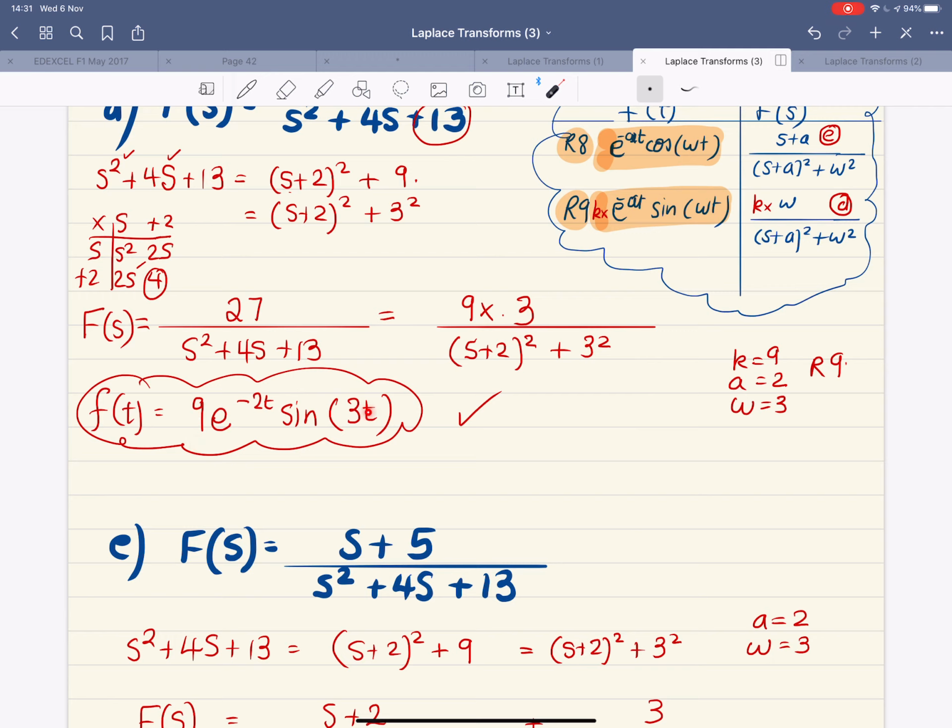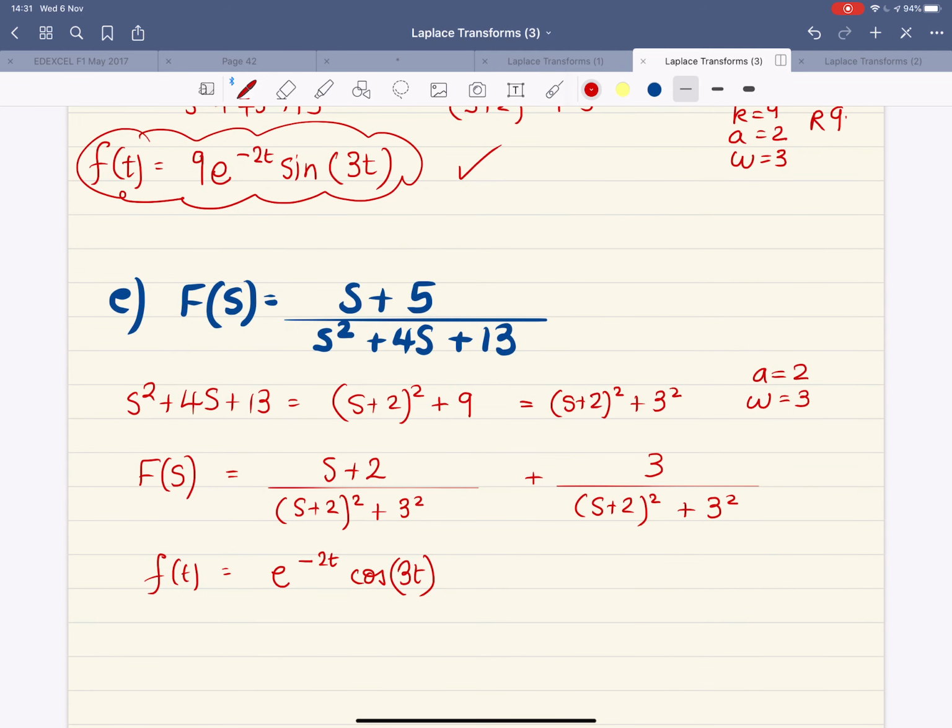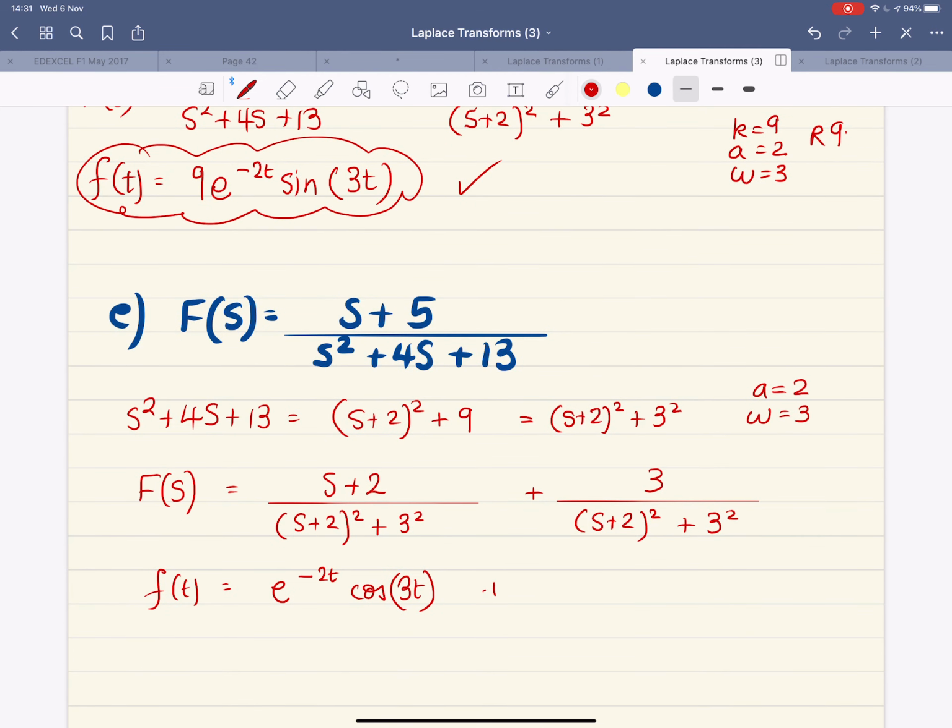So it's e to the minus 2t sine 3t, or row 9 with k 1, a 2 and omega 3. So this one is plus e to the minus 2t sine 3t.